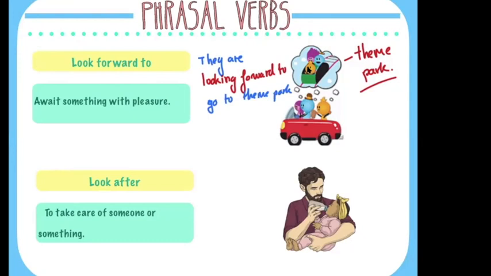Look after. Look is the verb to look, which is different from the meaning of look after, because look after is to take care of someone or something. Look at the picture and describe it, please. Who wants to describe the picture? Gadea, thank you. There is a man with brown hair and a purple t-shirt.